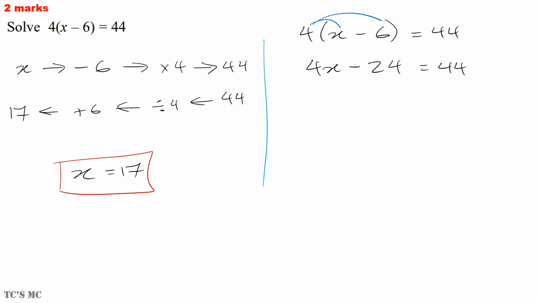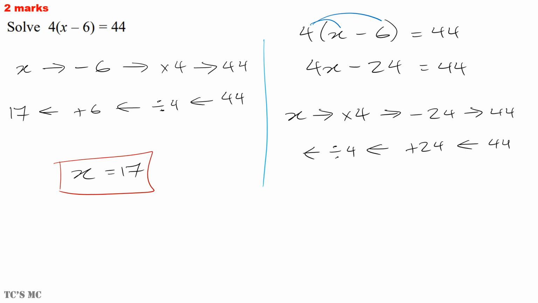Again, using the flowchart method, we have x multiplied by 4 first this time, and then subtract 24. And it's still 44. Going backwards, we need to do the inverse, add 24, and then divide by 4.